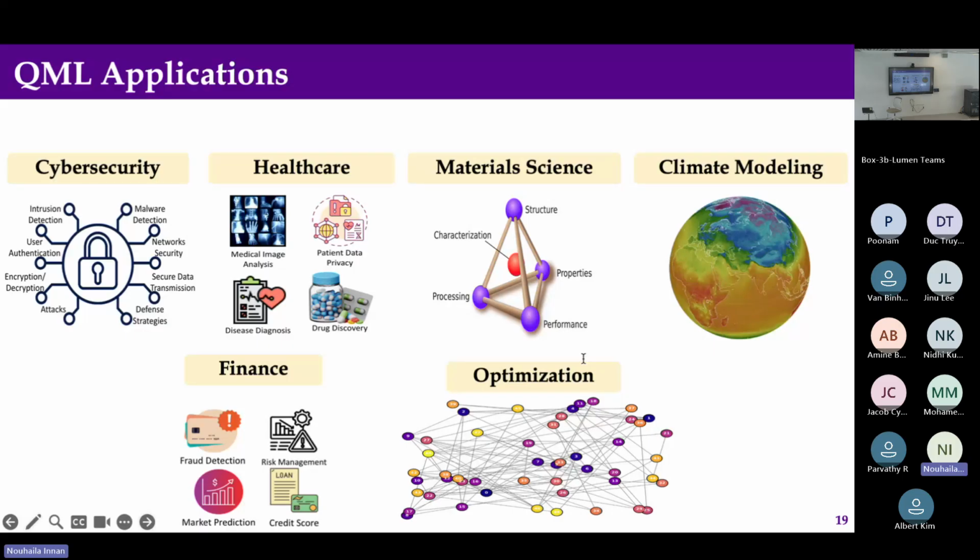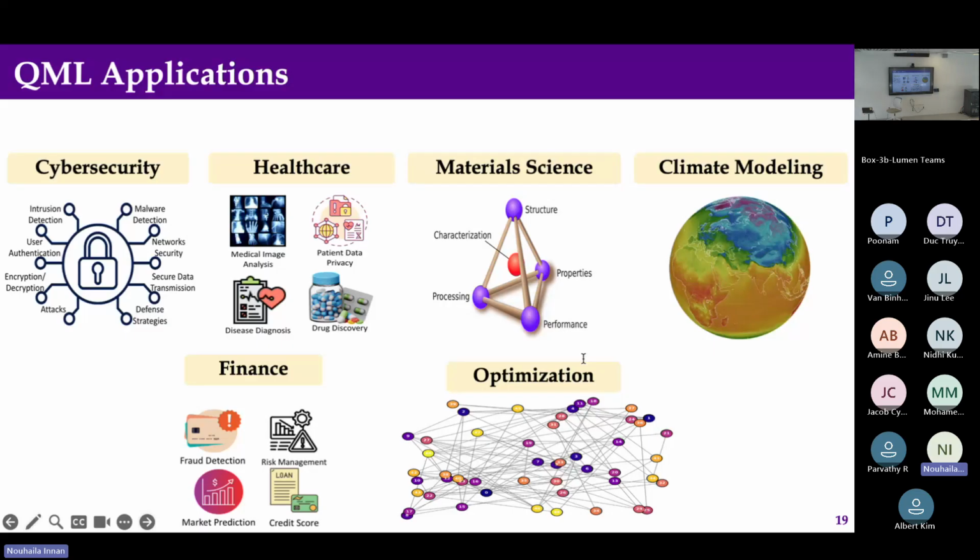Then in finance, there are a lot of proofs of concept, including fraud detection and market prediction, where algorithms attempt to identify signals in noisy time series data. We have risk management, portfolio optimization, credit scoring, and different things.